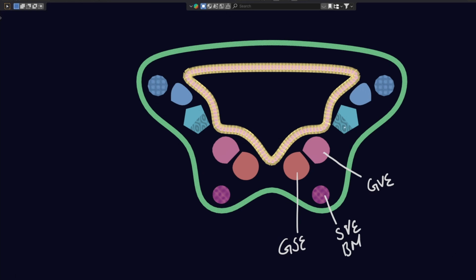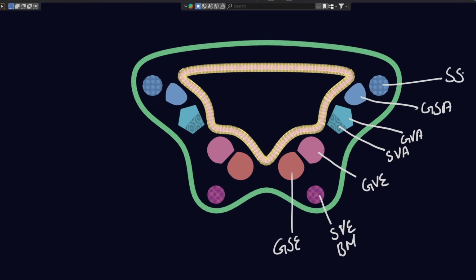Then we have the special visceral efferent and general visceral efferent. Then we have the general somatic efferent, and what is this, special somatic efferent. So 1, 2, 3, 4, 5, 6, 7 types of neurons are there.